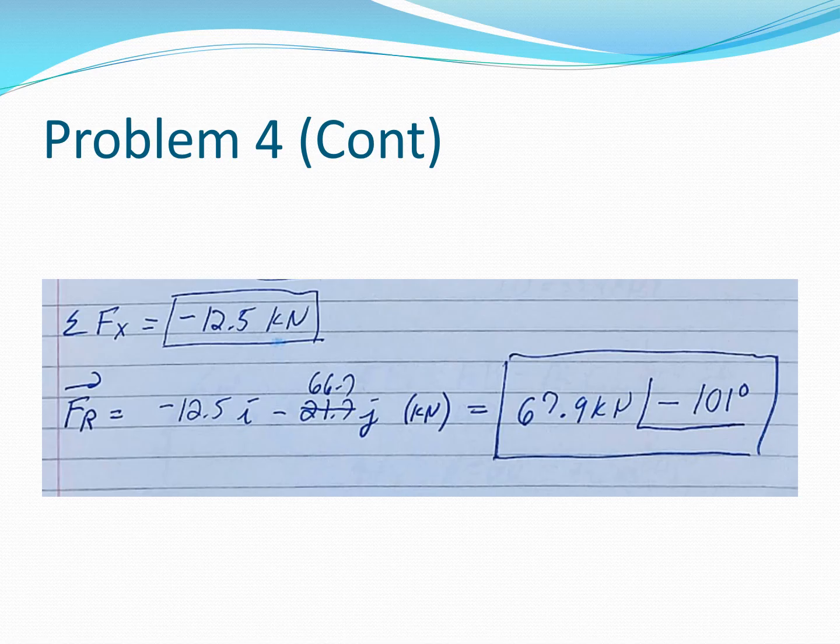I bring the X and Y pieces back into polar or vector form, and I got a force at an angle: 67.9 kilonewtons at minus 101 degrees. If you put that at 17.77 meters from point O, then you will have an equivalent system, further reduced. So there you go. That was an example from exam 1, a past exam that I gave in class.